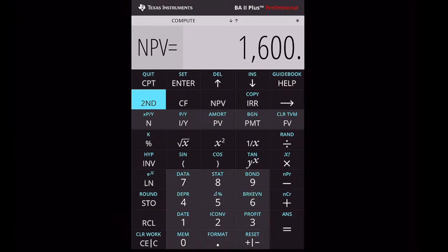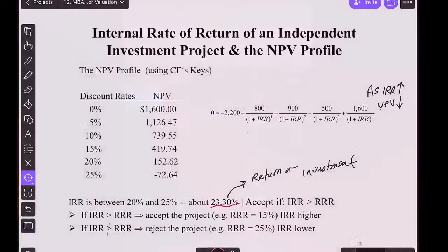We're going to put different values of the discount rate in the calculator and generate what's called the NPV profile. So I got 1600, so this is correct.